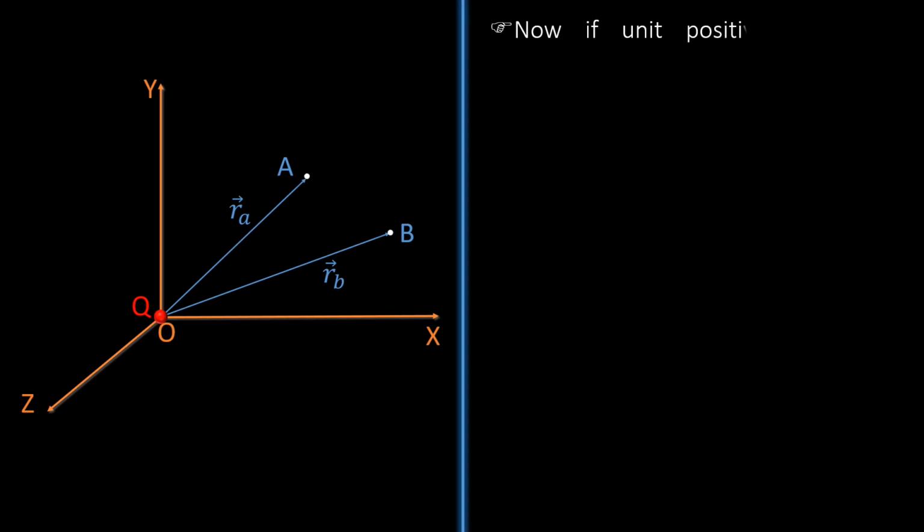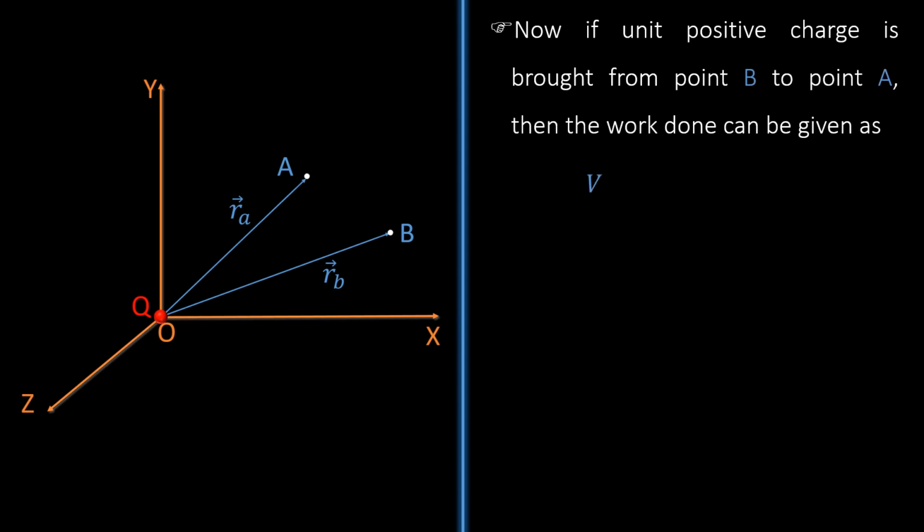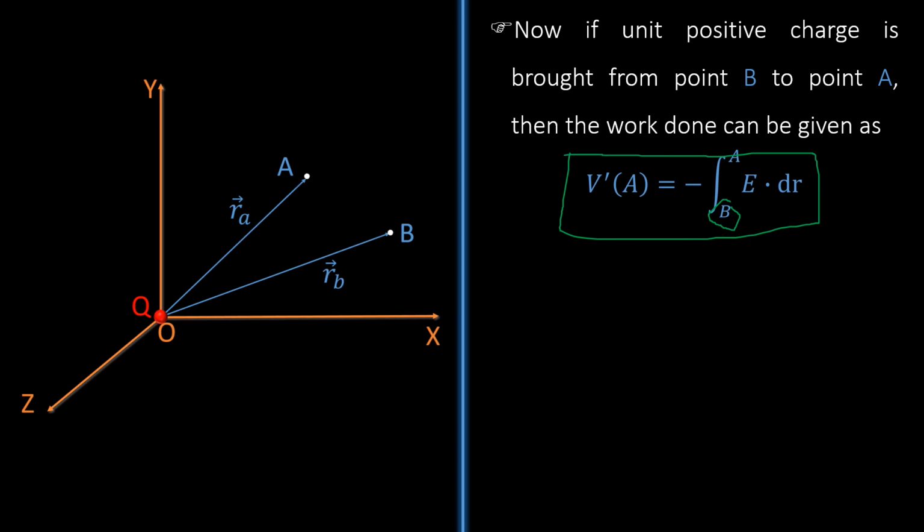So now when we bring unit positive charge from infinity to point A, it is infinity to A integration. But if the charge, unit positive charge, is brought from B point to A point, then this is how we can find out potential. What is V prime A? Potential at this point due to this charge.